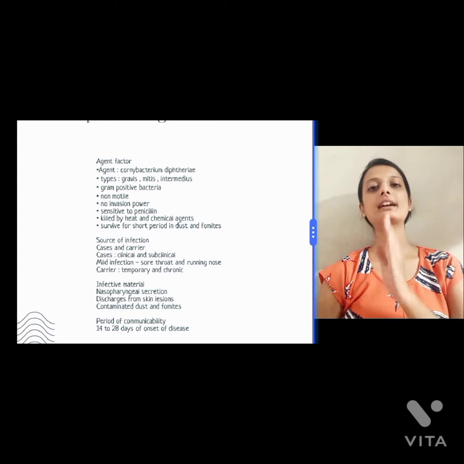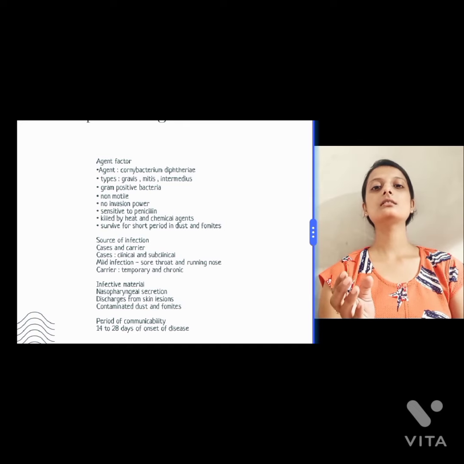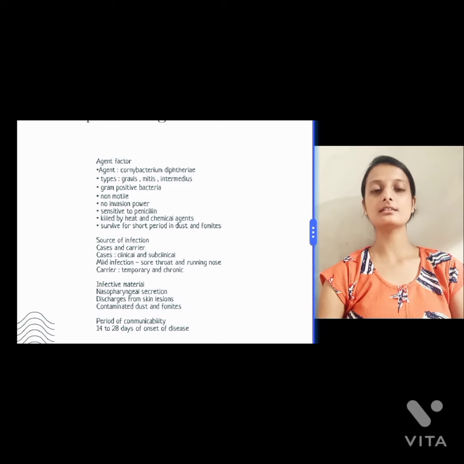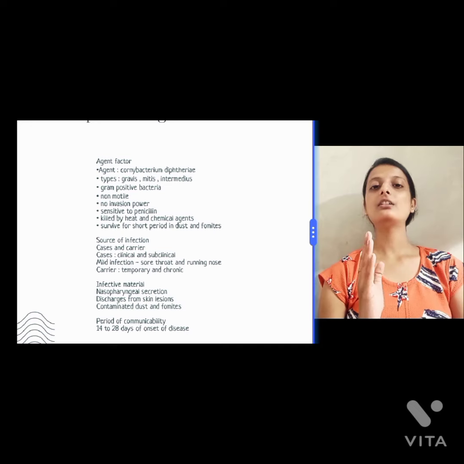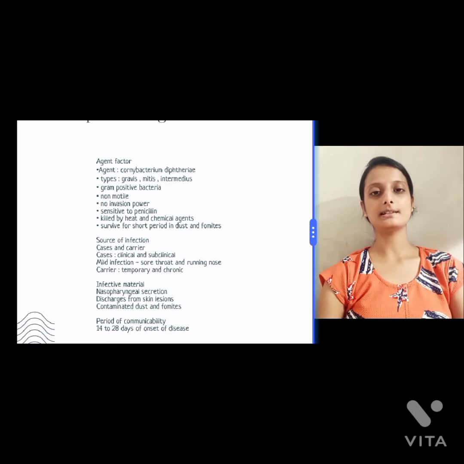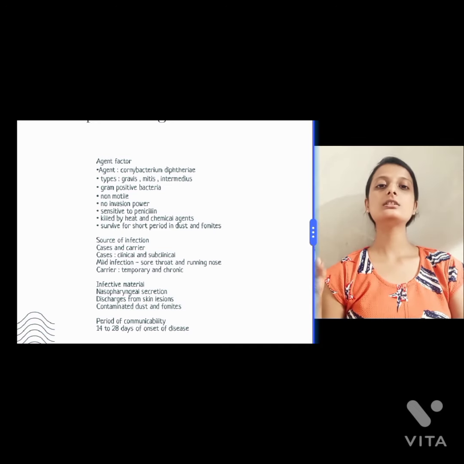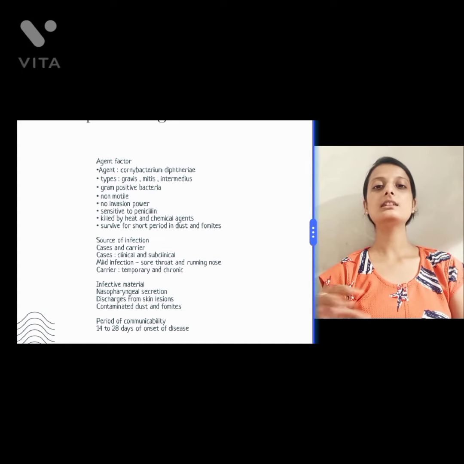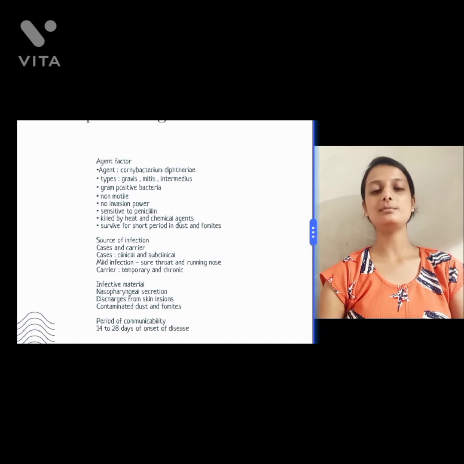So this is the infective material. Now we'll see the period of communicability. Till how much time can this agent transmit the disease from the onset of disease? That is 14 to 28 days from the onset of disease. Till this much time, this disease can be transmitted.